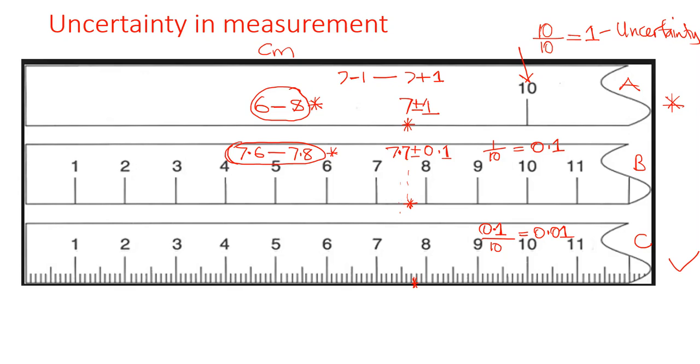Now, if I have to make a measurement here, I know that I will have a 7. Then I'll count here 0.1, 2, 3, 4, 5, 6, 7. So I have 7.7.